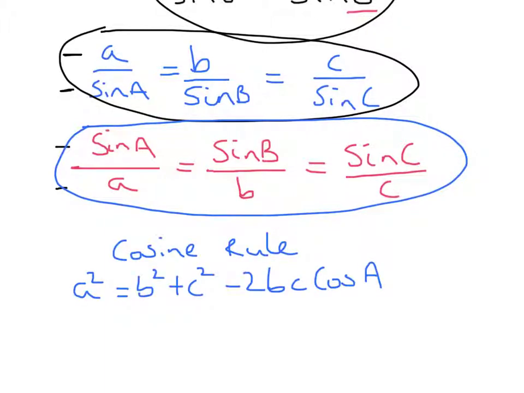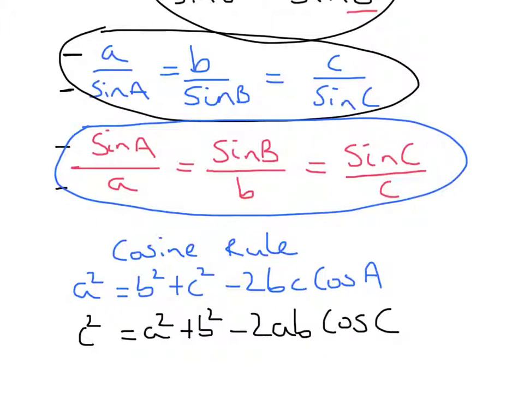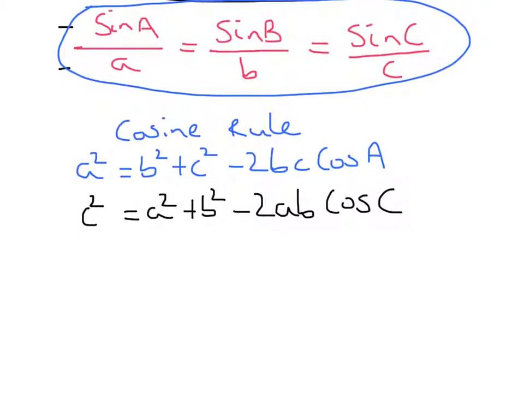Here is the way that we've shown it before, but just by changing the letters around while remaining consistent with our equation, we could write this as c squared equals a squared plus b squared minus 2ab cos C. Now the reason I'm writing it this way is that if we had a right angled triangle, I'll just sketch it here, and so we're looking for C and we have A and B.